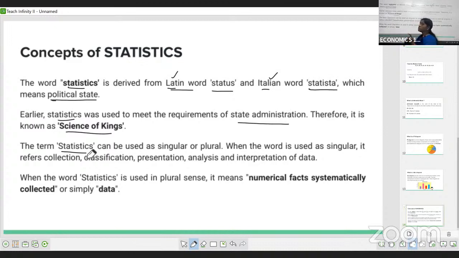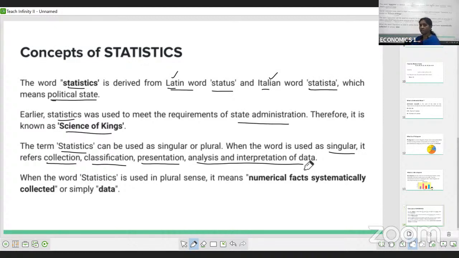If it is in the singular form, statistics refers to the collection, classification, presentation and interpretation of the data, analysis and interpretation of the data.